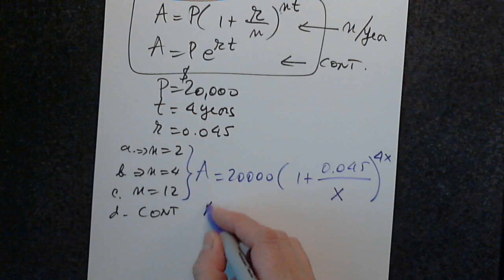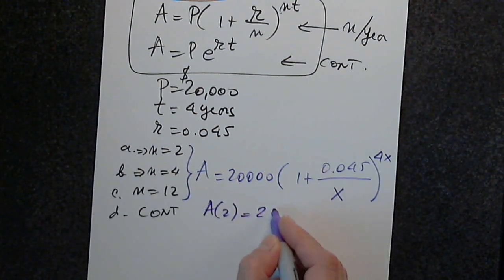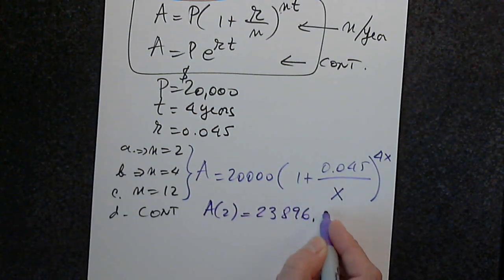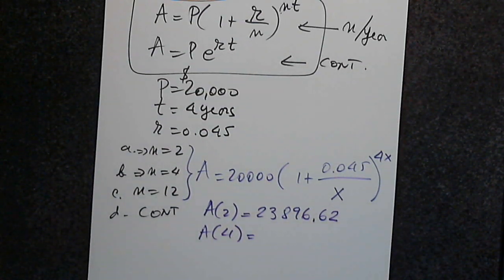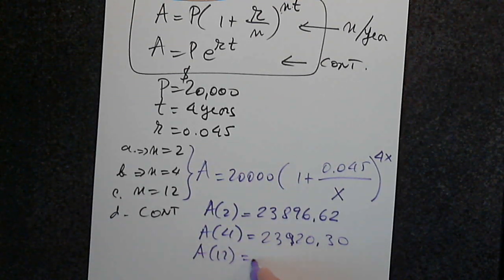So the first one, A of 2, is 23,886.62. A of 4, scroll down to the next one, 23,920.30. And the last one, highlight that. A of 12 is 23,936.29.